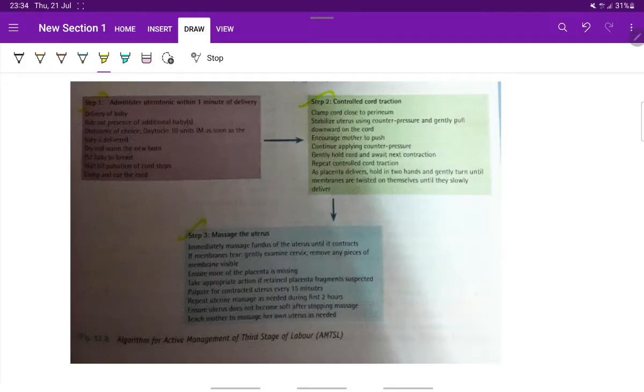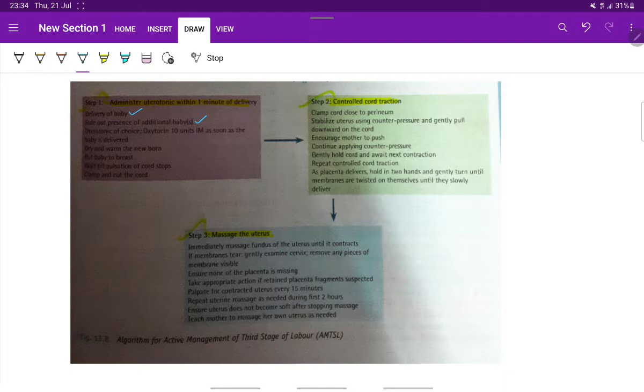So the three steps of active management of third stage of labor include the administration of uterotonics within 1 minute of delivery, second is controlled contraction, and the third is the massage of the uterus. First, in administration of uterotonic within 1 minute of delivery, first we deliver the baby and we rule out the presence of any additional babies in case of multiple pregnancies.